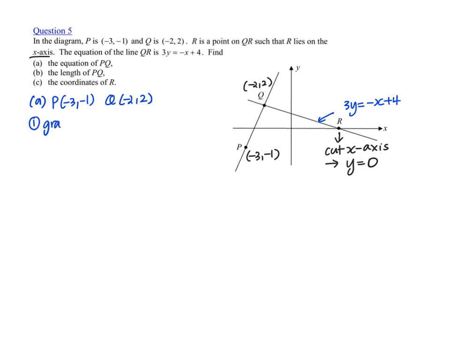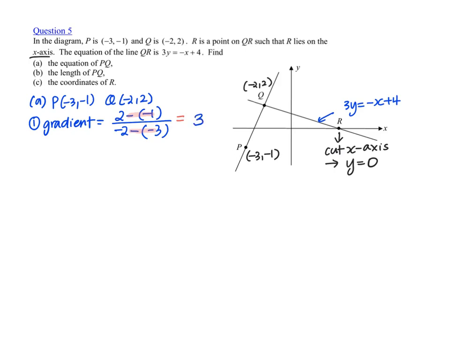So the gradient is equals to y2 minus y1, 2 minus -1, over x2, -2, minus x1, minus -3. Be careful of the sign here, correct? And then add the brackets. So now this gives you the gradient.